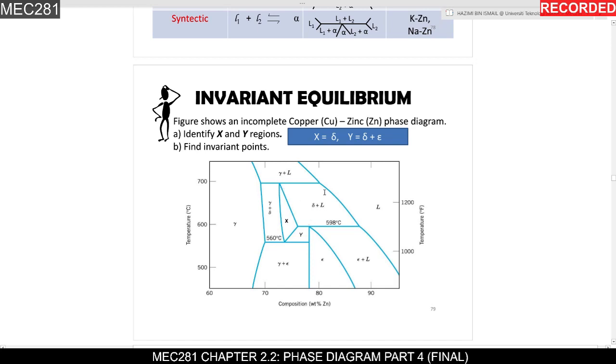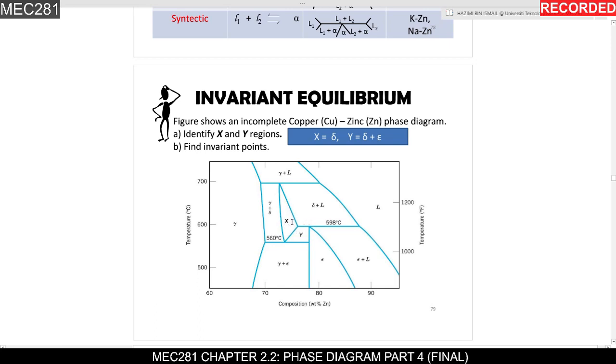Same as the upper side here. Between here and the liquid we have the region of gamma plus liquid, and then here is the delta. So around here we have more than 2. In this case we have 3. We have 3 that coexist in this particular region here.